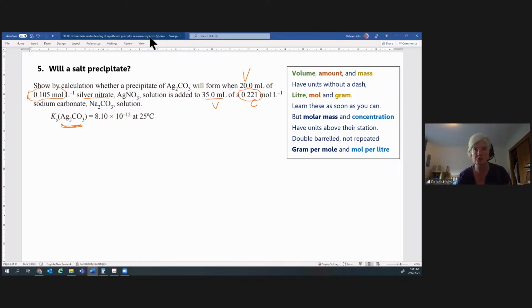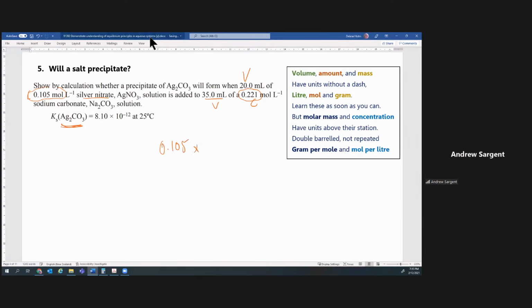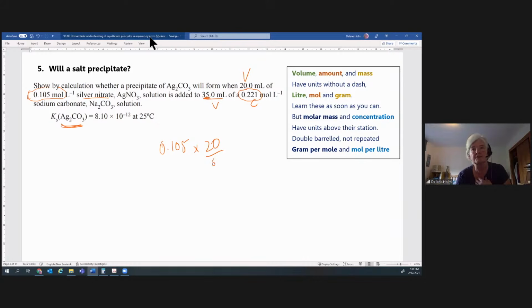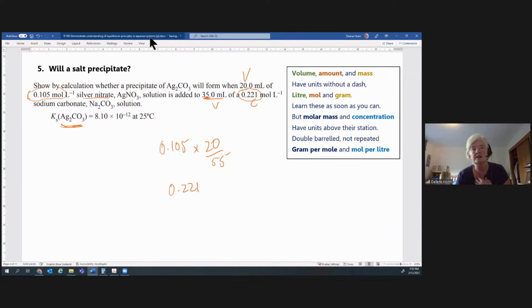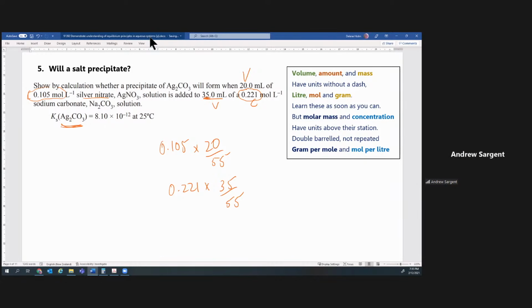So I have to work out the new concentration by adding my two volumes together. So in other words, the concentration of the silver nitrate would now be 0.105 times 20 divided by 35 plus 20, which is 55. And my concentration of my carbonate is going to be 0.221 times 35 over 55. So be aware of that.